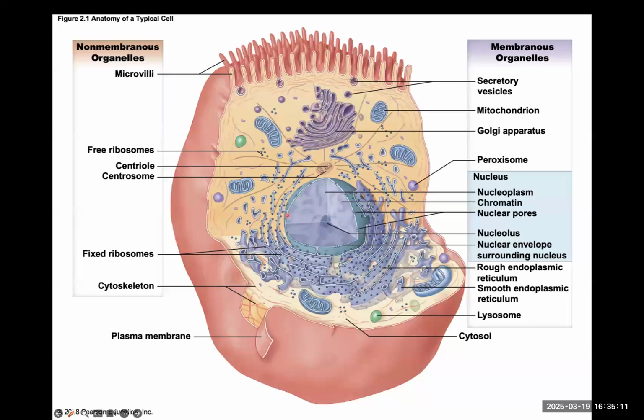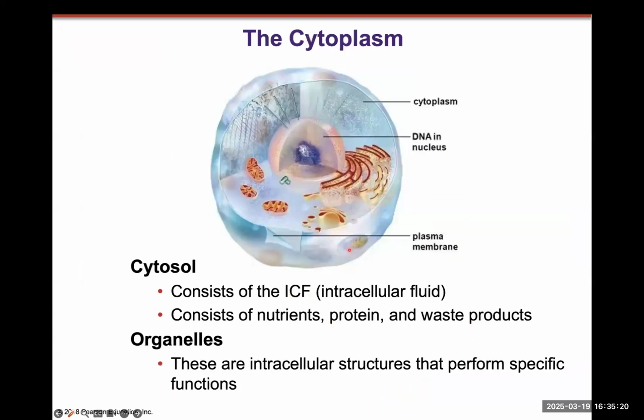So we're going to talk about a few other things. But before we talk about this highlighted stuff, let's go ahead and talk about the cytoskeleton, or the cytoplasm here. So since we talked about the cell membrane, what about the inside, the cytoplasm?